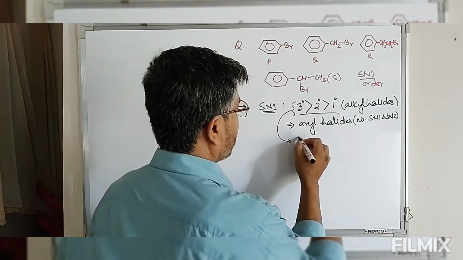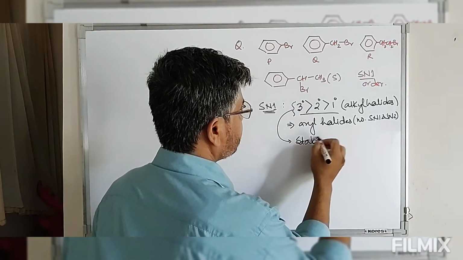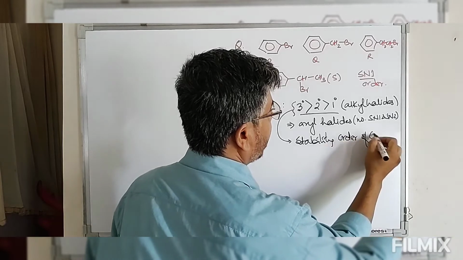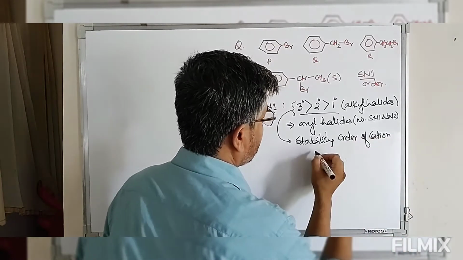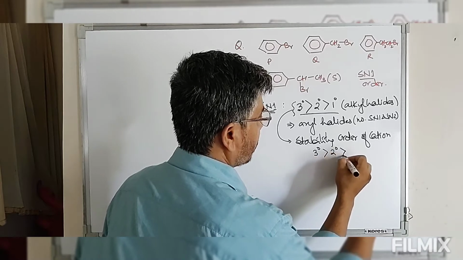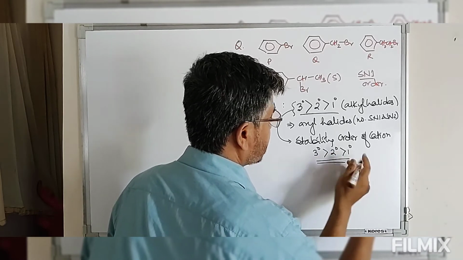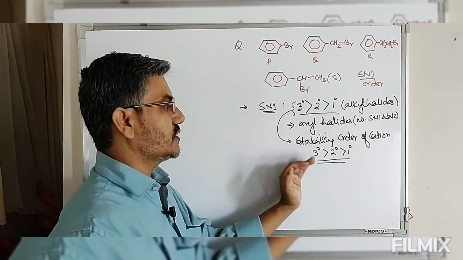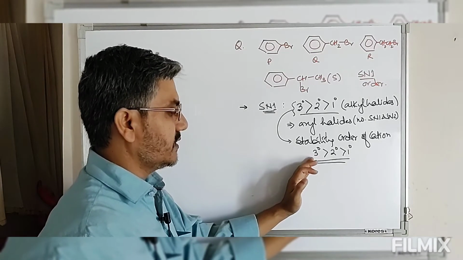So the stability order of cations says, of carbocations, tertiary cation is the most stable, followed by secondary, followed by primary. Since this is the stability order of carbocations, if the starting compound is tertiary, this will give you a tertiary cation.